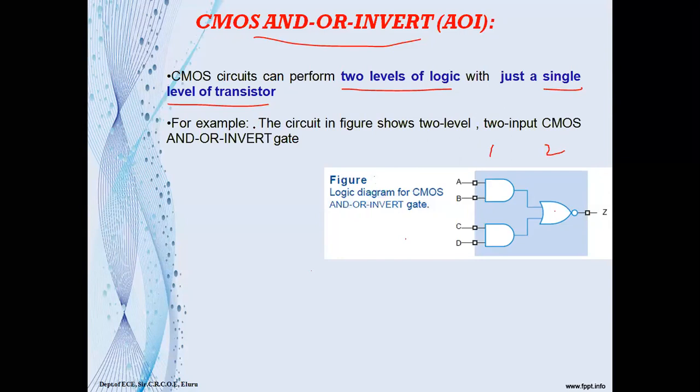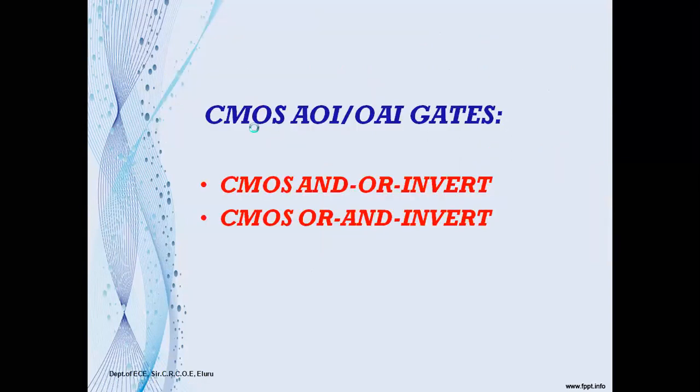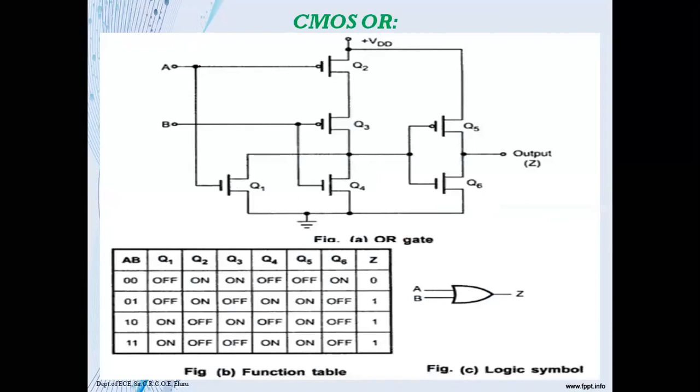For example, let's take the previous one. So this is the CMOS circuit here, isn't it? This entire circuit is treated as one level of transistors, because all these transistors come up on a single circuit.